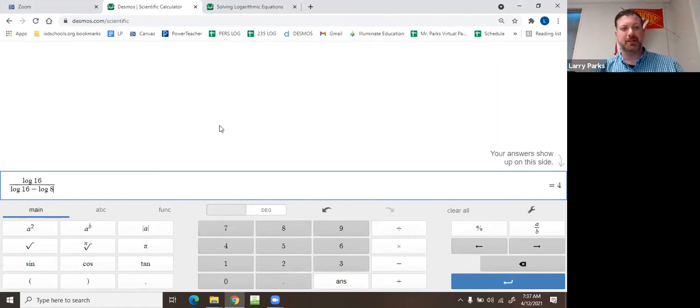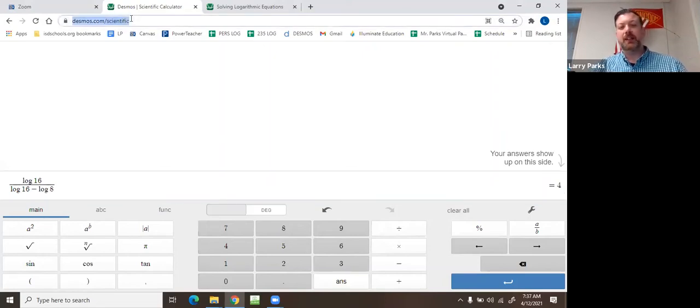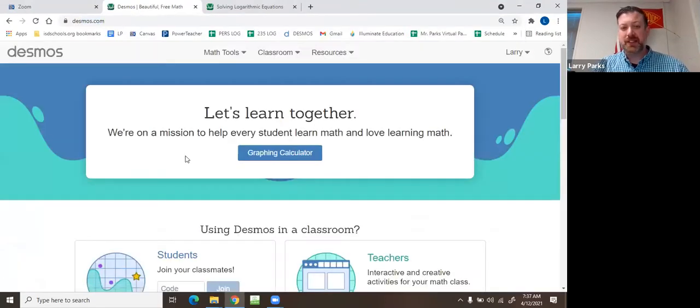Another way you could do this, which I still want you to do it algebraically. The way I showed on the paper was algebraically, but to check your answer, you could also go to Desmos and just see where they intersect.